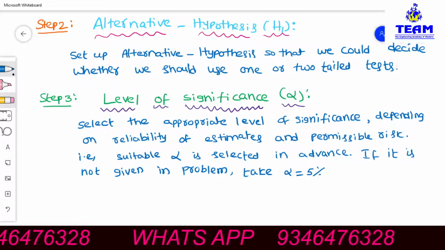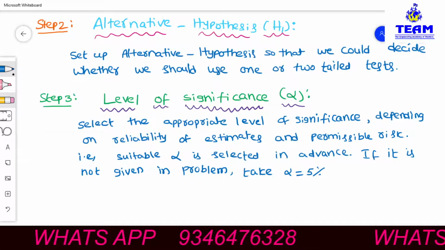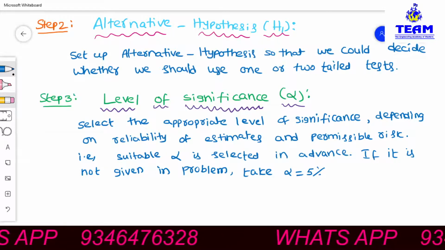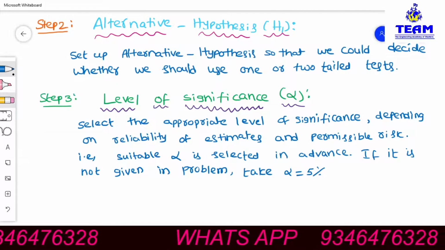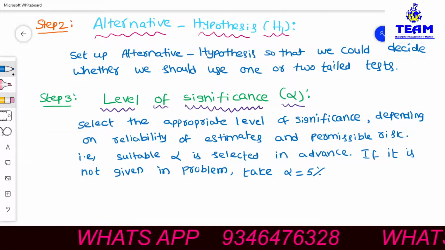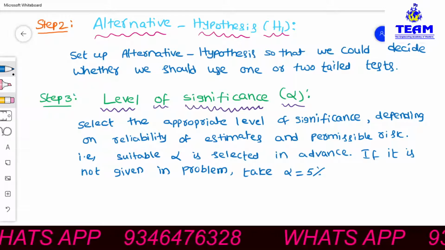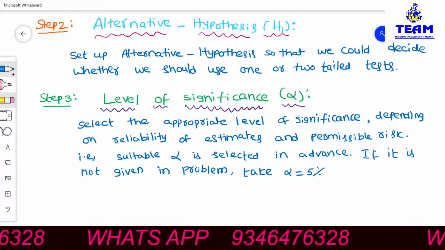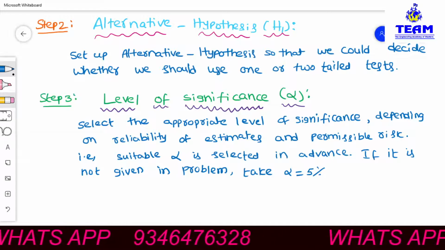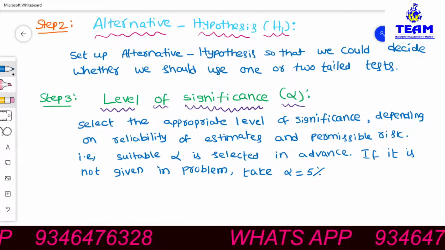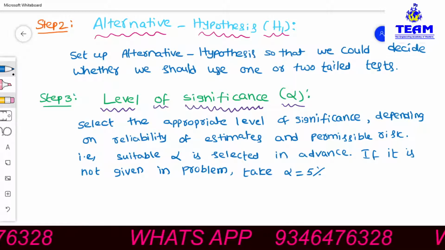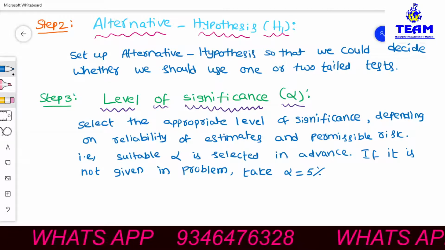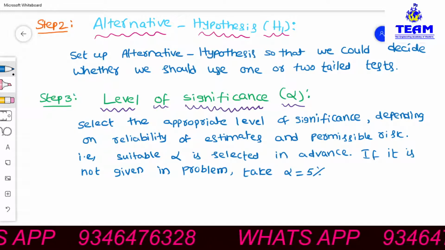Now step 3 is the level of significance. Generally, level of significance can be represented with alpha. Here we select the appropriate level of significance depending on the reliability of estimates and permissible risk.